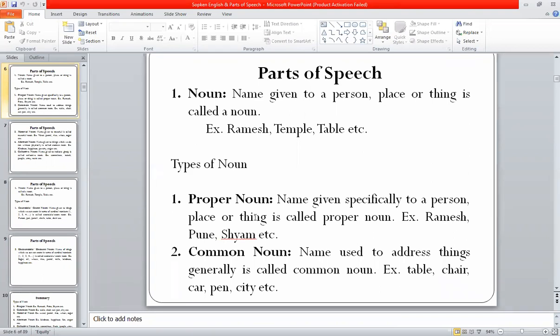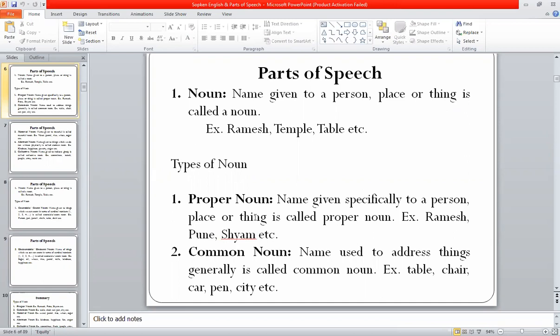It doesn't have any brand, so it is called a common noun. Then pen also comes under the common noun because we don't grade it with the help of its brand. Generally we use any type or any brand of pen.